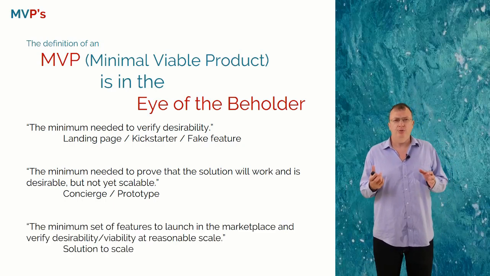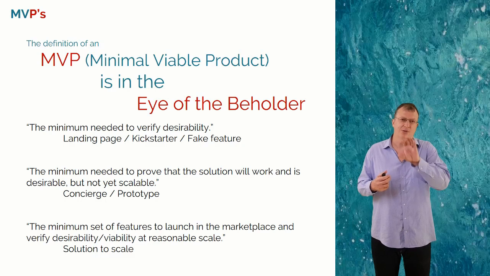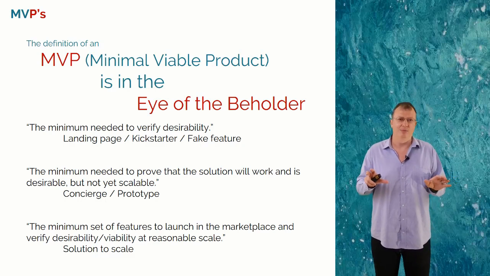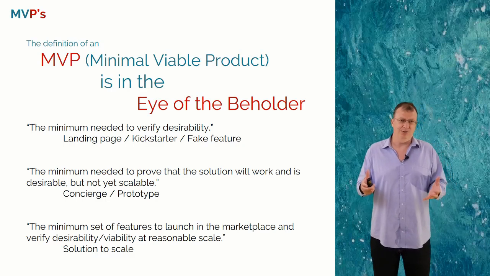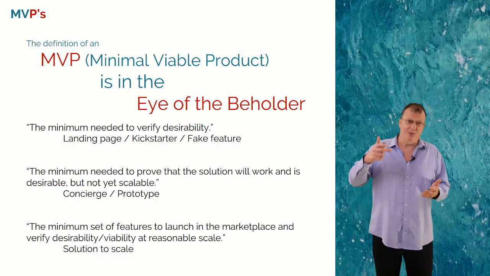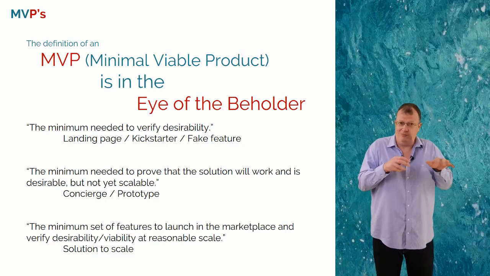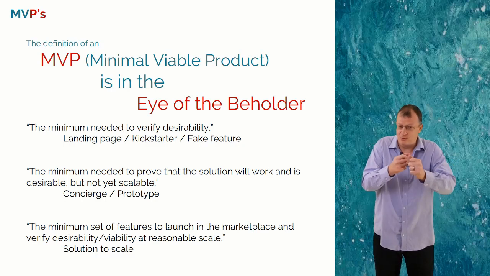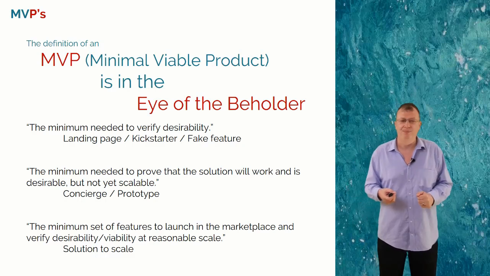All the way through to testing a more scalable combination of desirable, feasible, and viable. And this is often in organizations what a typical minimal viable product is seen as. Let's say we've done the first two. We've done a landing page approach, and then we've got a concierge type solution where we fake it in the background to prove that the solution is actually sensible and feasible.